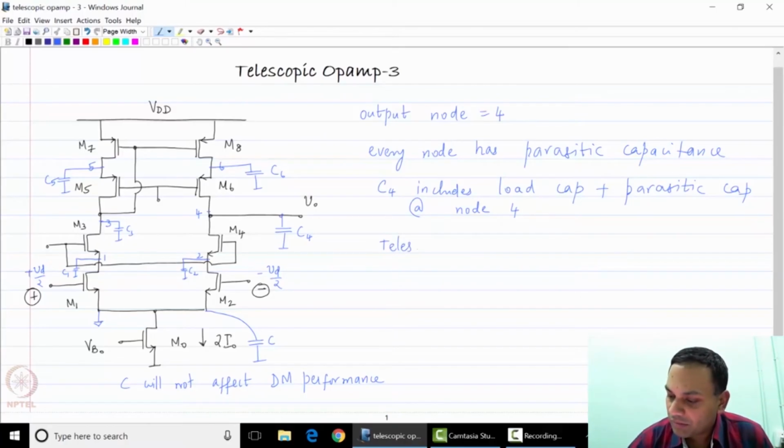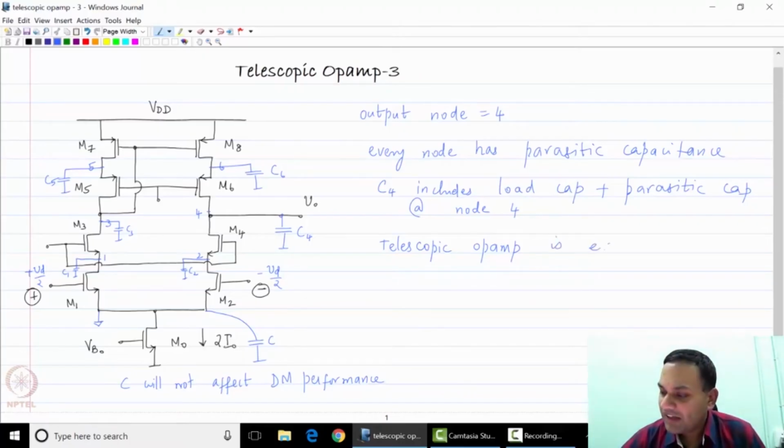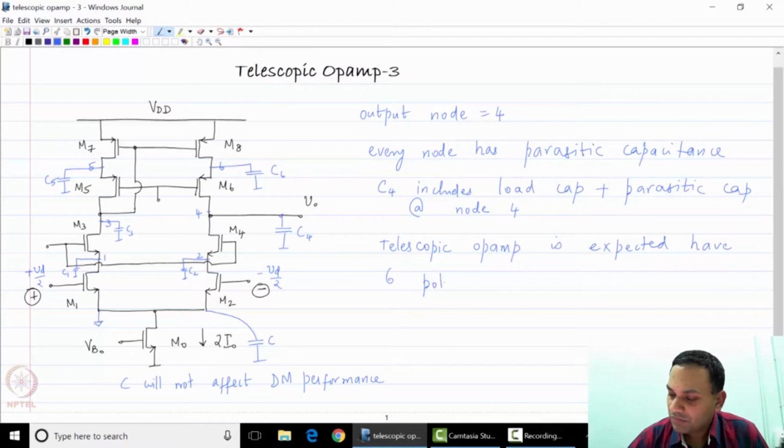So as you might imagine, the telescopic op-amp is expected to have 6 poles in its transfer function, because you will have signal current flowing through every one of these capacitances at high frequencies.